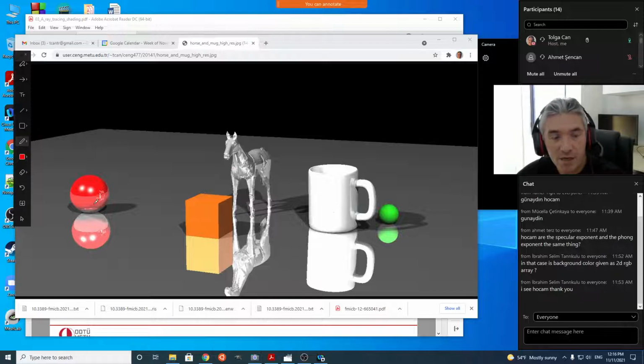For example, if this reflectivity constant is 1.0, it means that the reflective ray contributes to the color component directly with no attenuation, with no decrease.